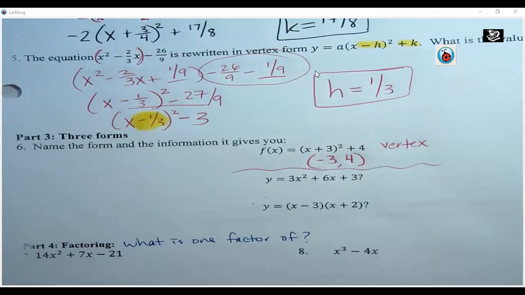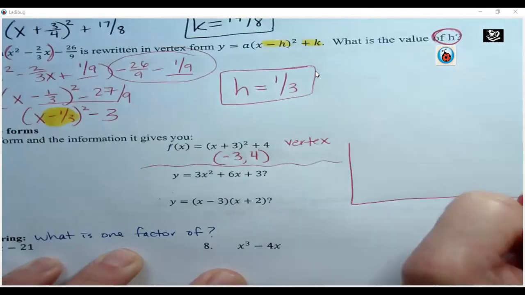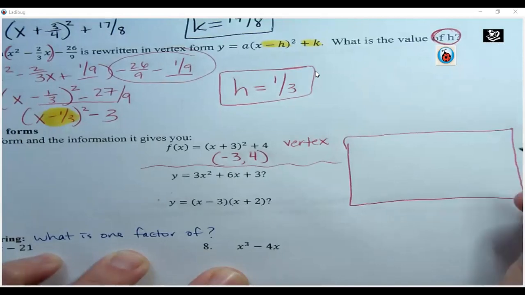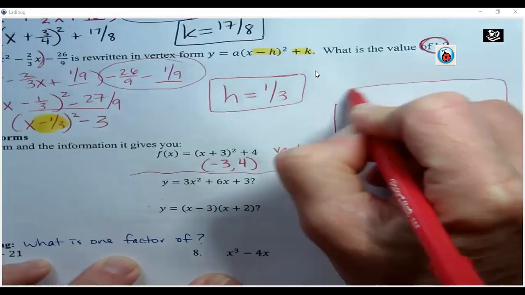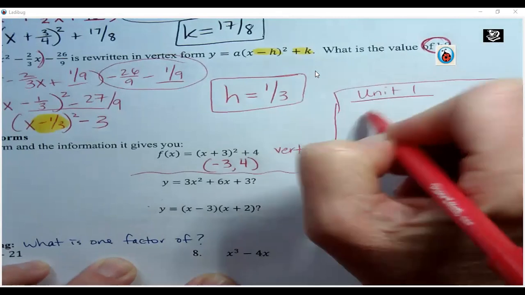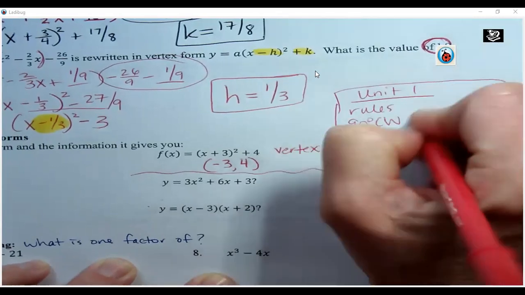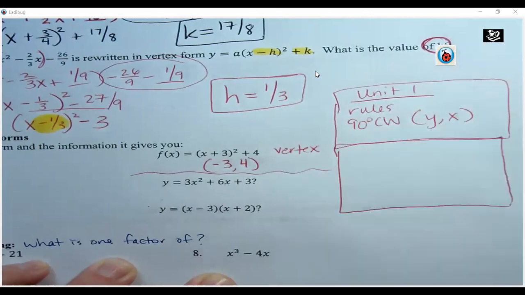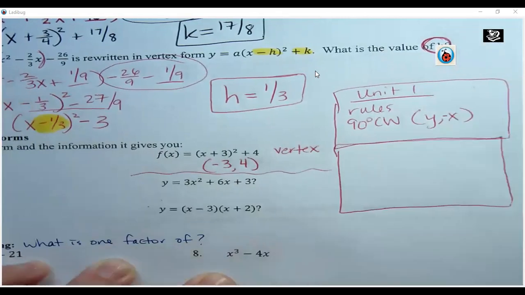Okay, so if you have not memorized these, then you need to make a note card. If you have not made a note card, then you need to make one. You should have a note card from unit 1 that has all your rules, like 90 degrees clockwise is y, opposite x, and so on.